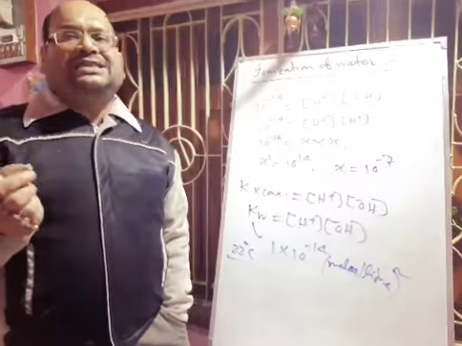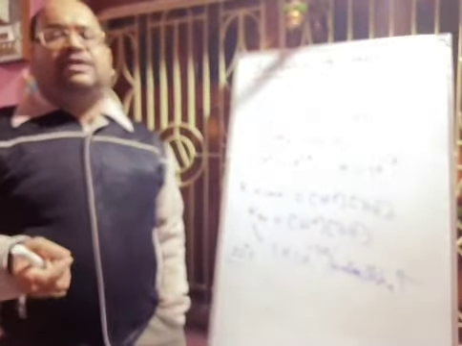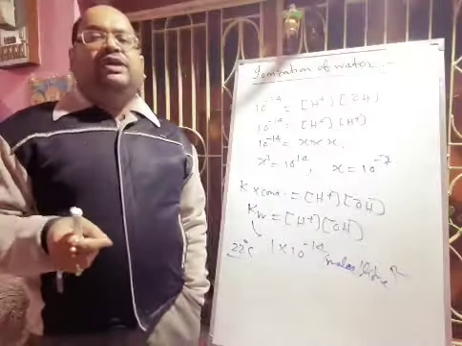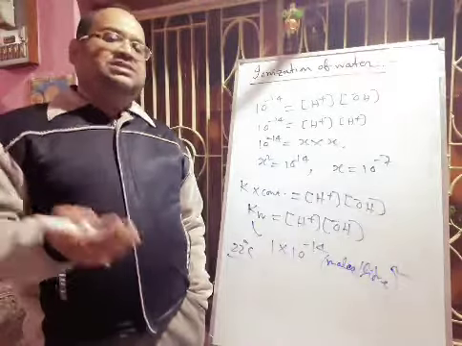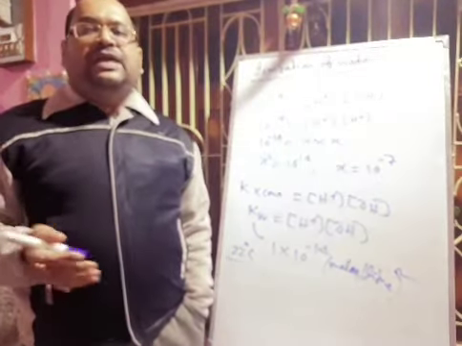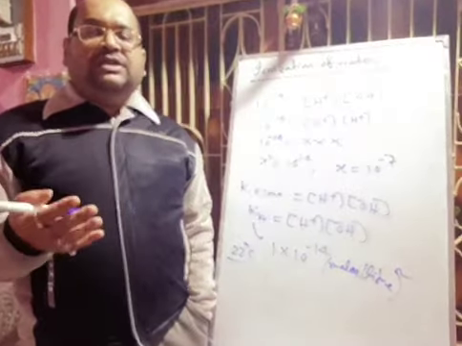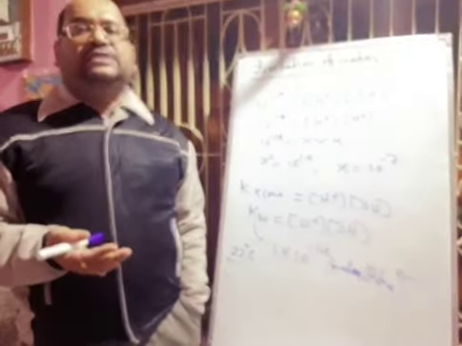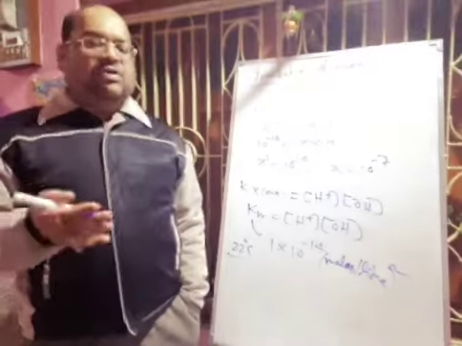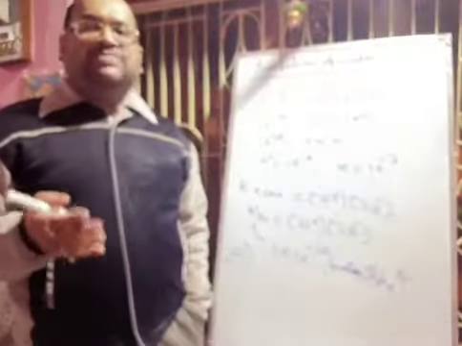Suppose we add some acid, any acid you can take, to water. Definitely the concentration of H plus will increase. But to keep the value of Kw constant, the concentration of OH minus must decrease.